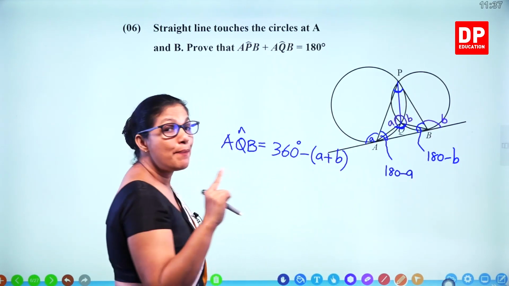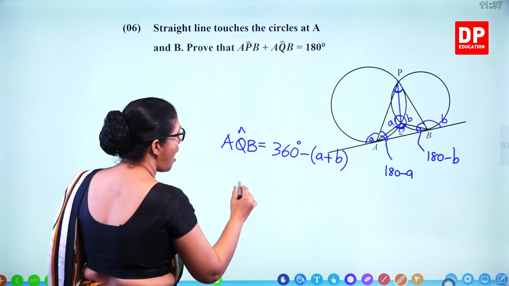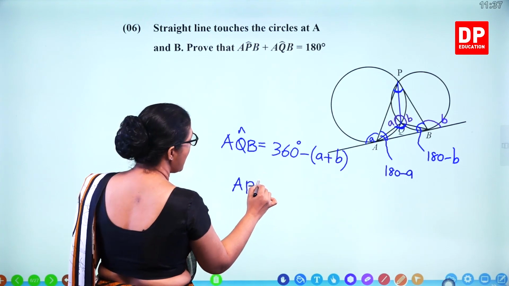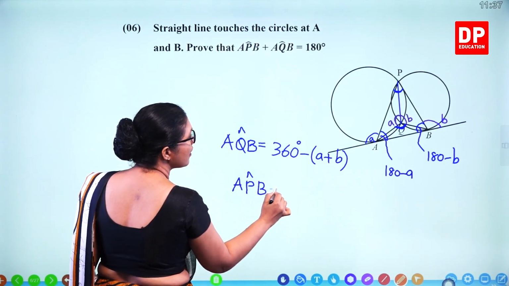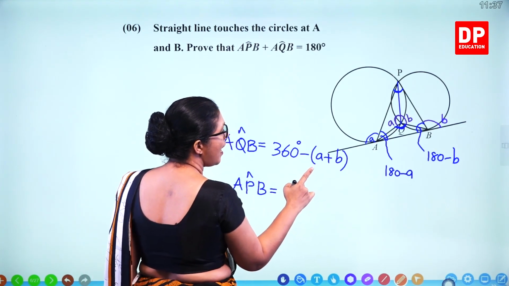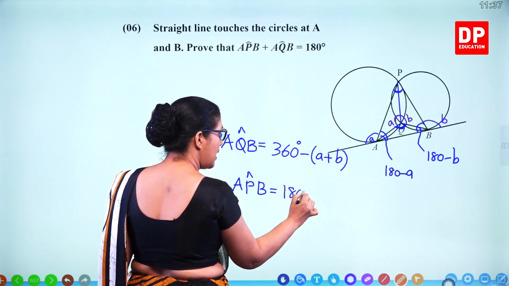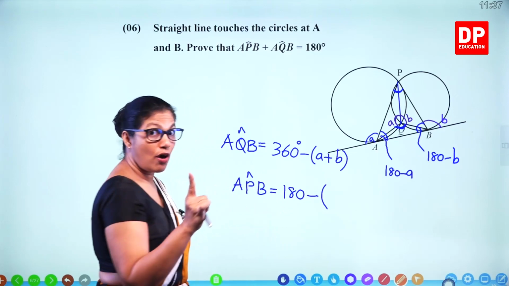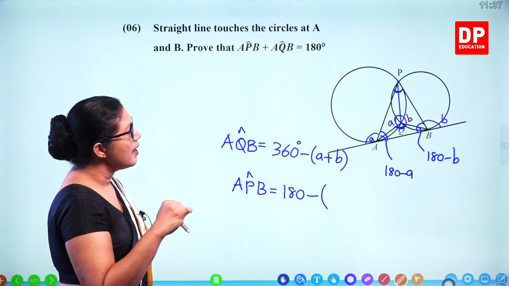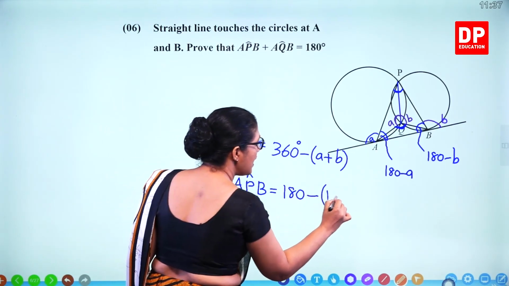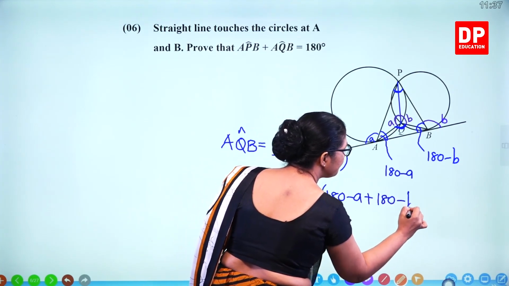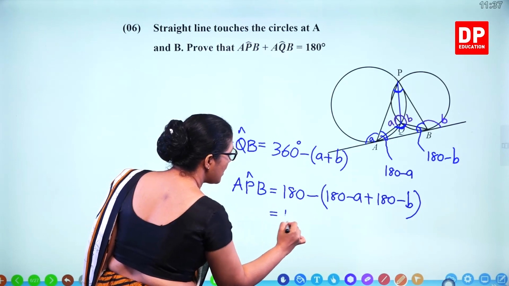So what is this angle then? Think about triangle ABP. So the APB angle is 180 minus the sum of these two angles, because those three are in a triangle. So 180 minus A and 180 minus B. So what do you get?